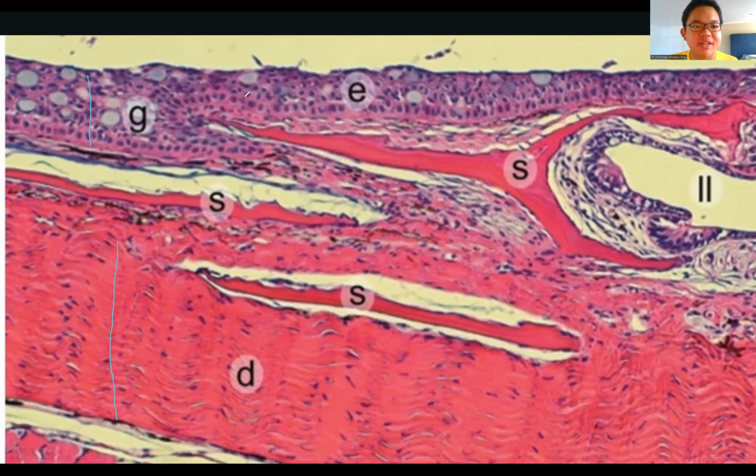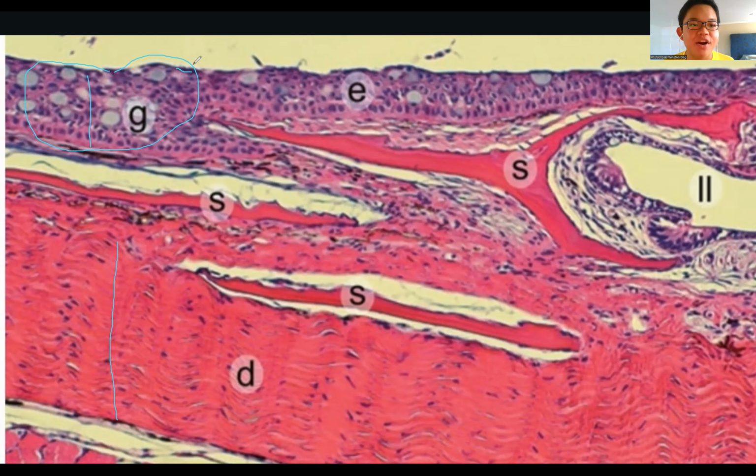The epidermis of the skin of the fish, right here, is composed of stratified keratinized squamous epithelium. We can see this keratin layer right here, similar to that of other animals. Stratified squamous epithelium with keratin.